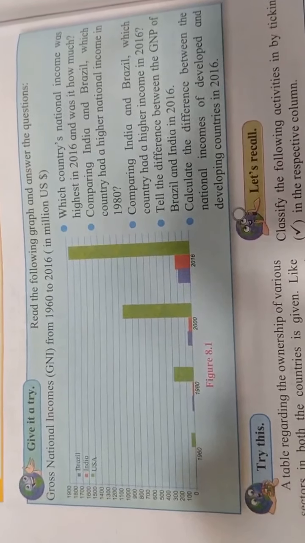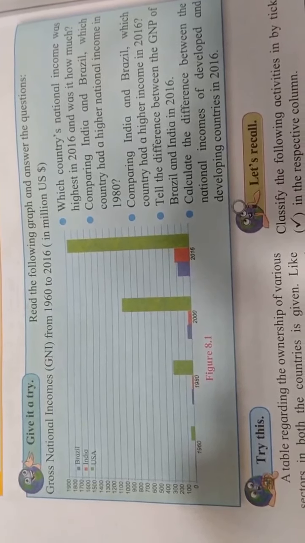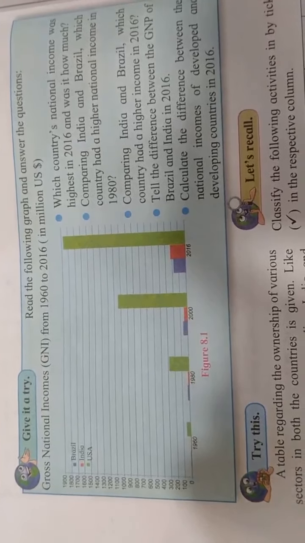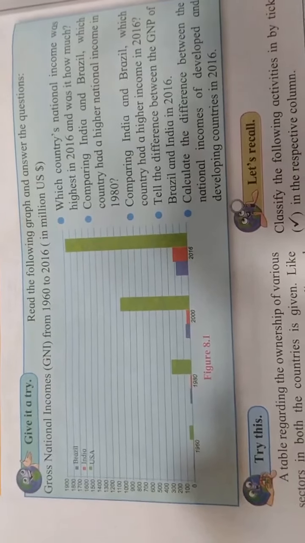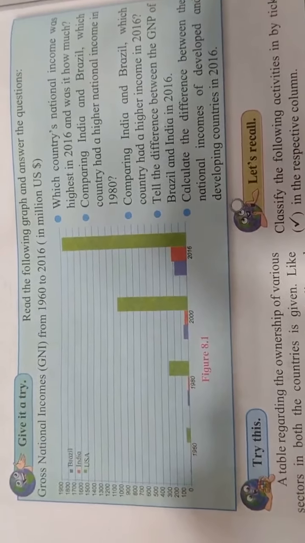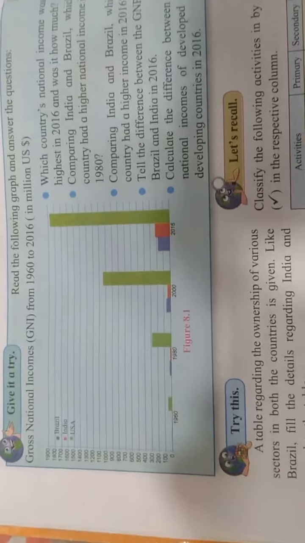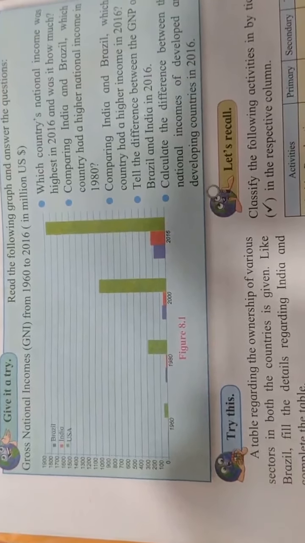If you see this particular topic or question, here you have an option, that is either you can solve question number 6A or you can solve question number 6B. So through this, either you have to read the graph, that is question number 6B, or you have to draw the graph, that is question number 6A.